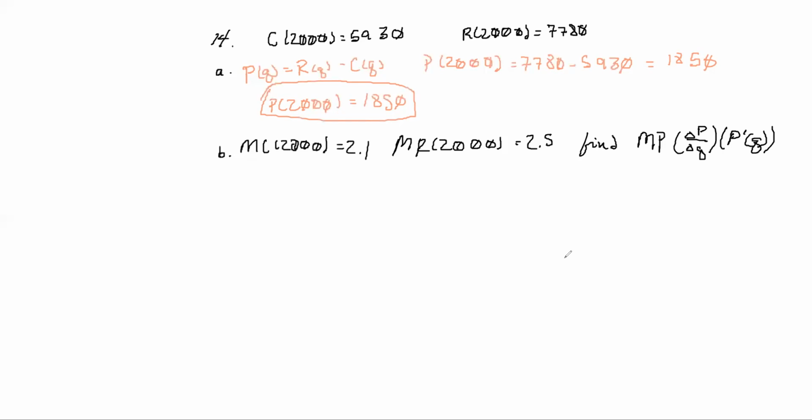Should the company increase or decrease its production when it's sitting at 2,000 liters? Okay, so we're going to do the exact same thing we did in the other problem. We're going to say that MP is equal to MR minus MC. And I think I'm just going to double up here with problem C, and all it does is have different numbers. So we're going to use the same process to solve both of these.